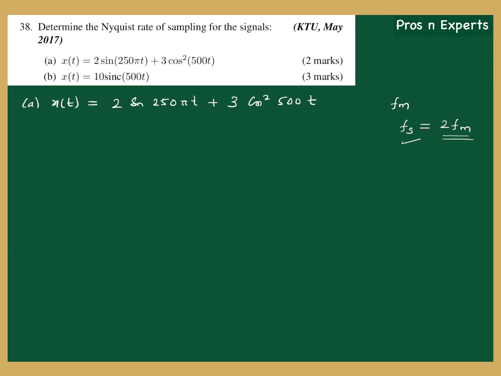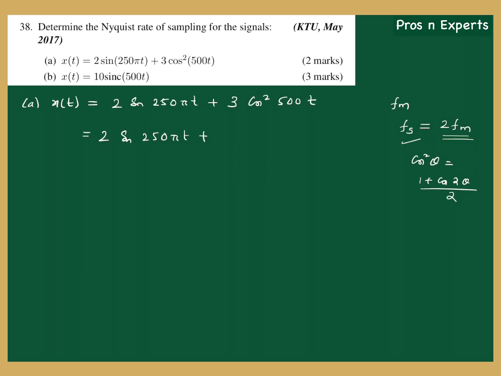So what we have to do is, we can simplify this signal so that this cos square term is eliminated, and we know cos square theta is equal to (1 plus cos 2 theta) whole divided by 2.